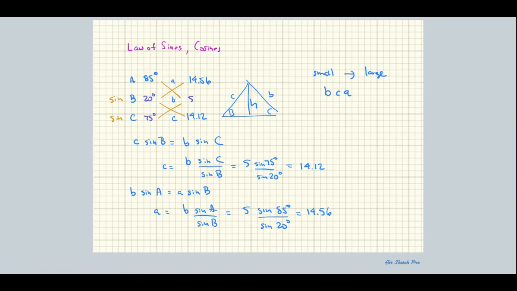Okay. Now, guys, what order are the sides from smallest to largest? Also BCA. BCA in the angles, BCA in the sides, and that's something we always want to double check. It's a really easy double check.